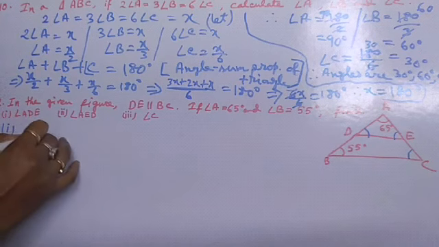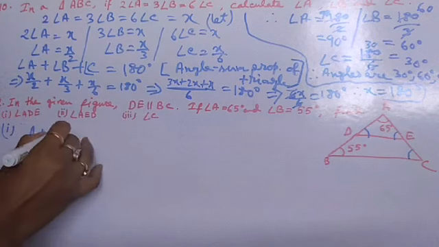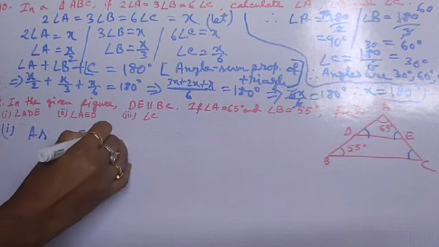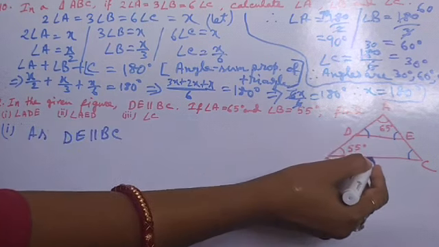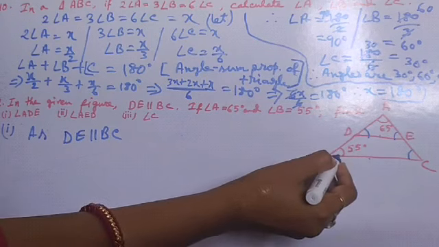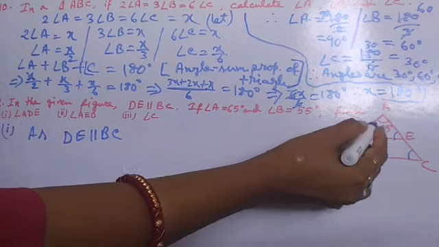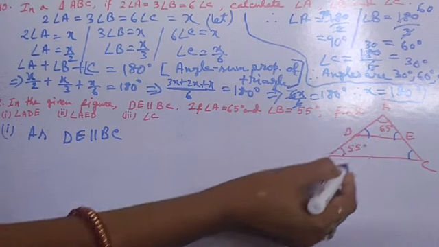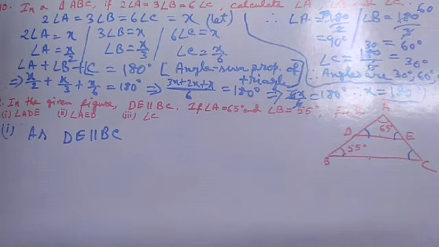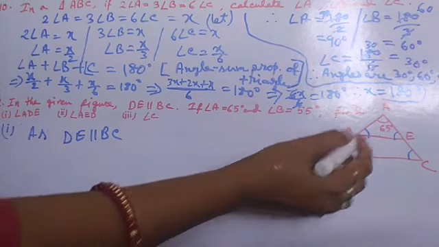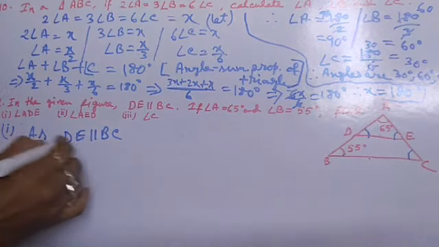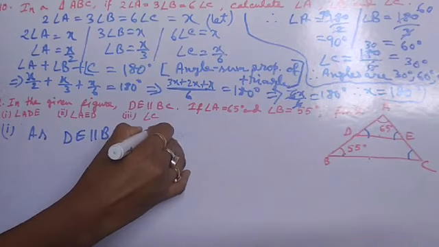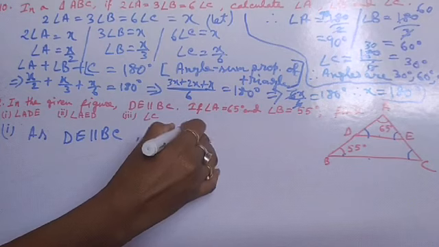As DE parallel BC, angle B and angle ADE are corresponding angles. So these two angles are equal, with AB as the transversal.